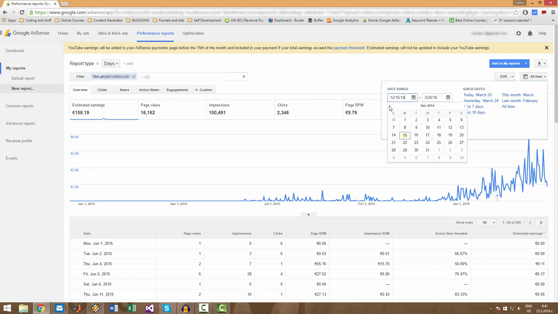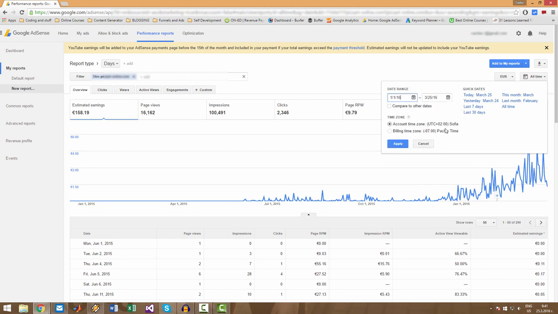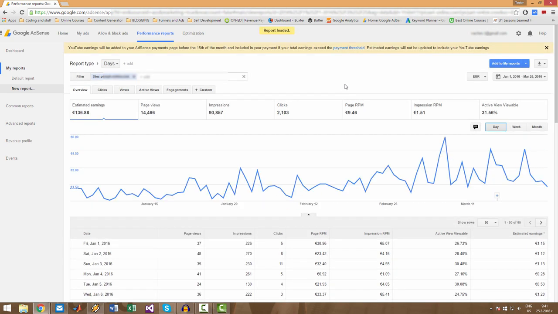Now, let's select the last 90 days. So we want to go January 1st. All right. Now last 90 days. All right. So we have a bit more information here. Currently our graph on the horizontal axis has days. It lets you see the graph in a more granular way.